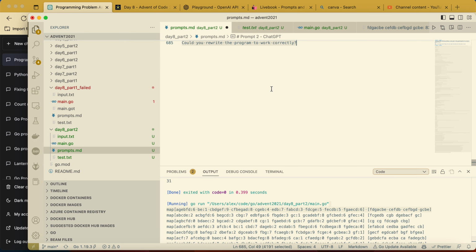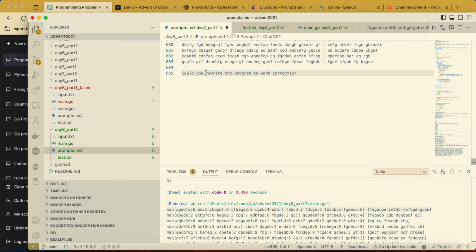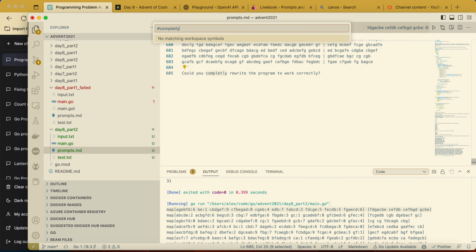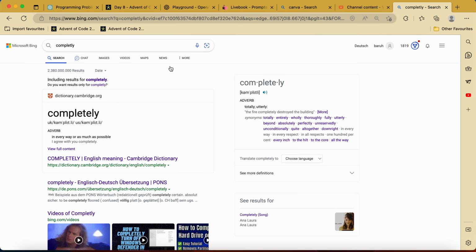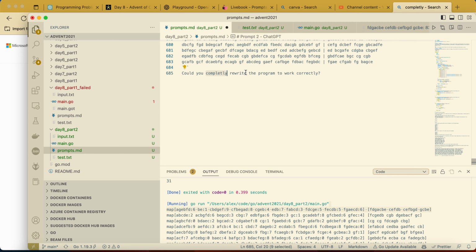No, that doesn't seem right. Could you completely spell completely? I think that's not how you do it. Yeah, it's like that. Nice. Cambridge completely.